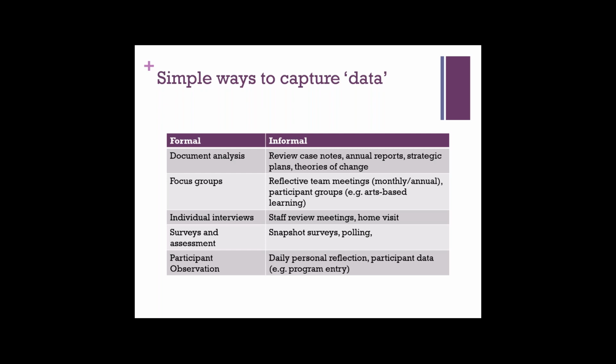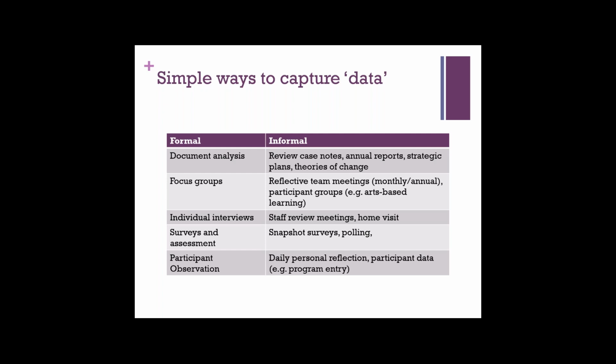So the informal correlates to those formal processes might be something as simple as reviewing case notes, annual reports, strategic plans, theories of change, documents that we've created within our organization, and asking some of those key questions about, what are actually our goals? What do we consider as evidence?